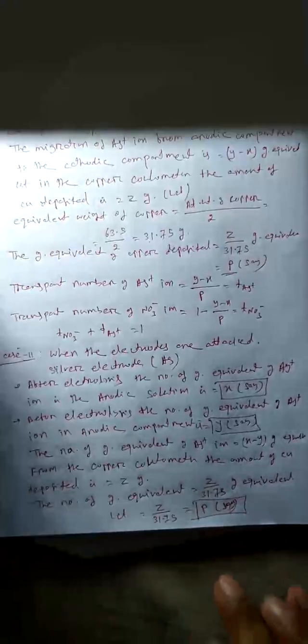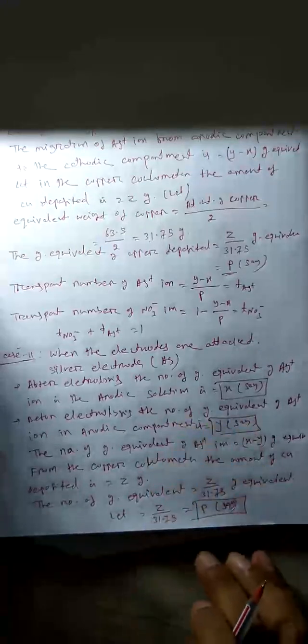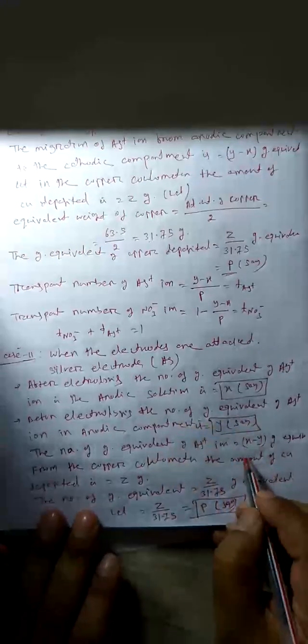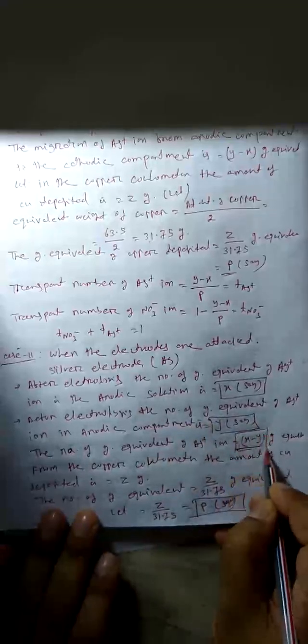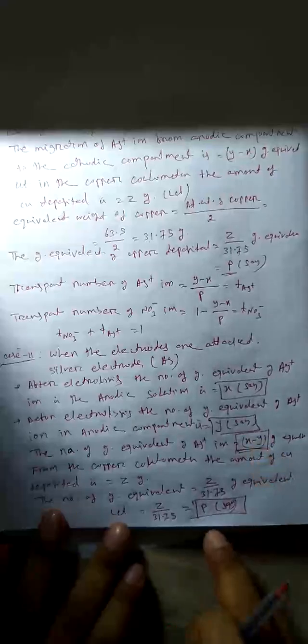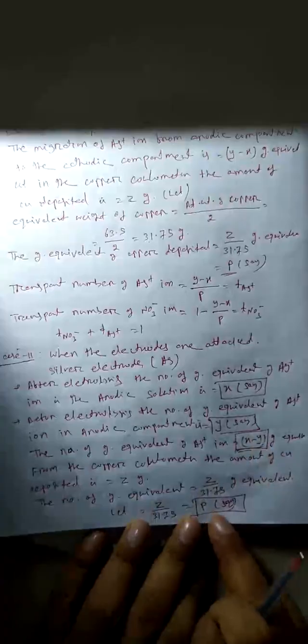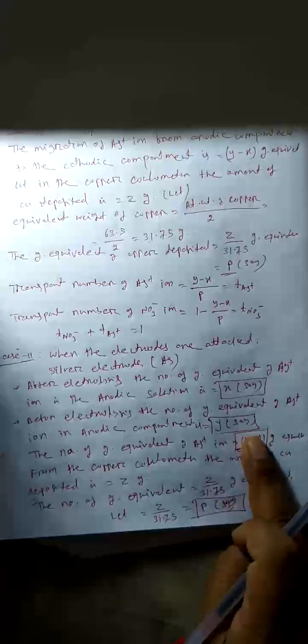That means this much amount of silver must be in the anodic compartment. But here we see only X minus Y gram equivalent present. Experimentally we see X minus Y, but theoretically P gram equivalent should be there. But it is less, so where has the remaining gone?